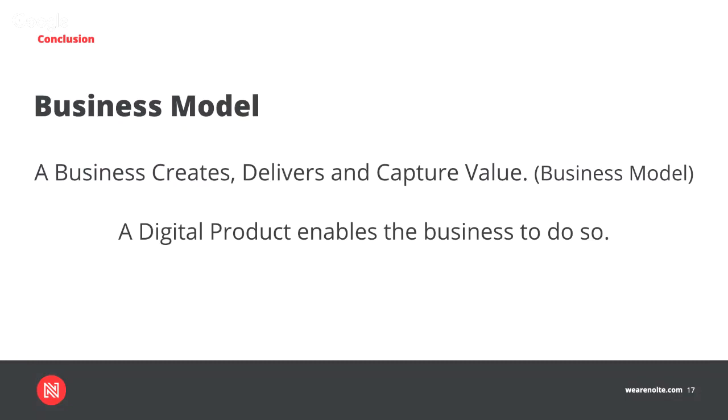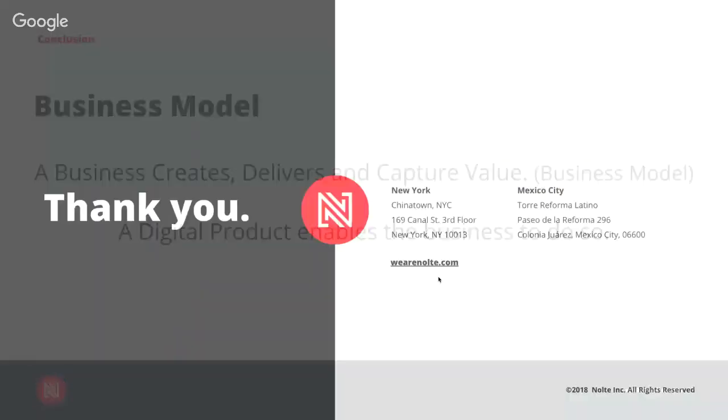Think how you are creating value, what the users perceive out of your value proposition, how you will be able to deliver, and this is where the digital product comes into place. And finally, the capturing of the value, how you're going to monetize not only the digital product, but also how the cost structure and the revenue model will function. So that's basically it in this one.